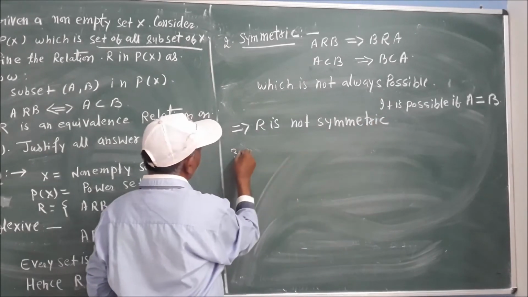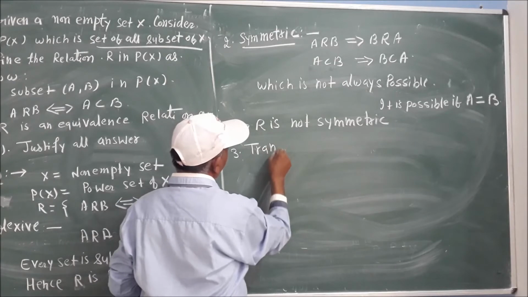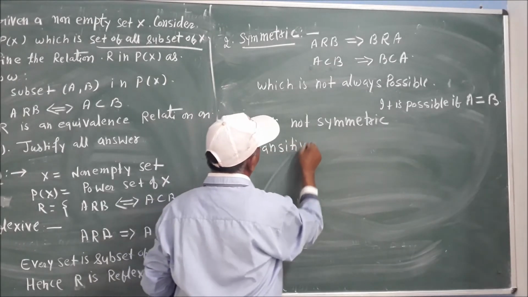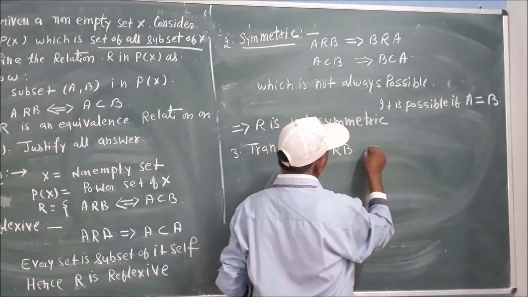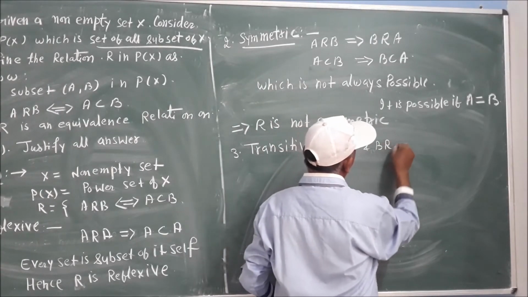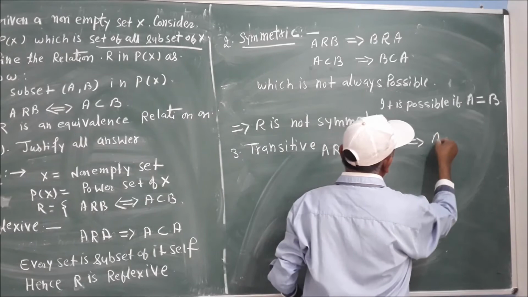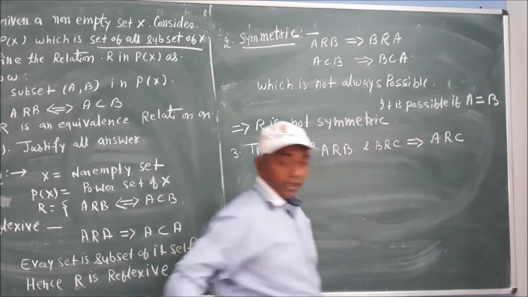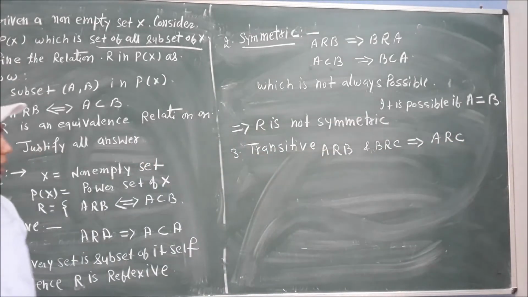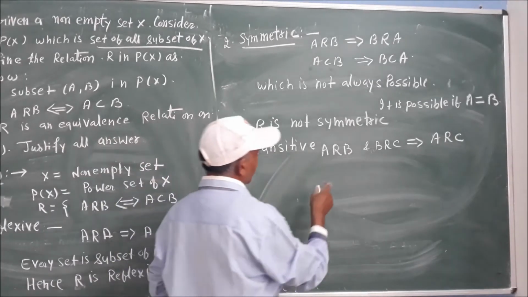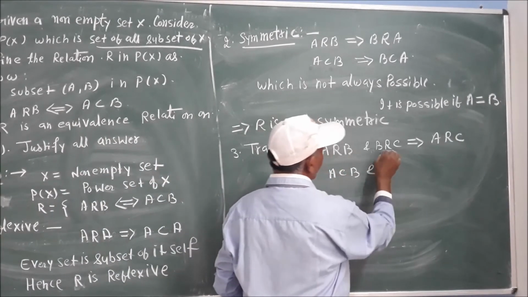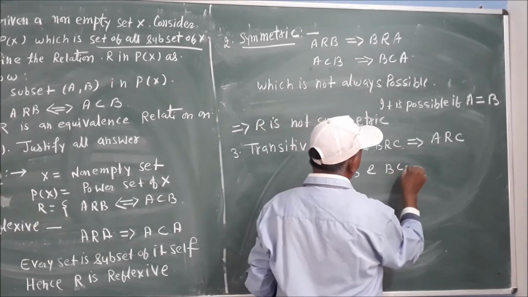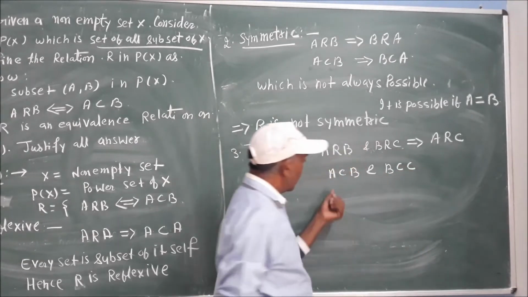Third property we have to check is transitive. A R B and B R C implies A R C. A R B means A is a subset of B, and B R C means B is a subset of C. So watch here.